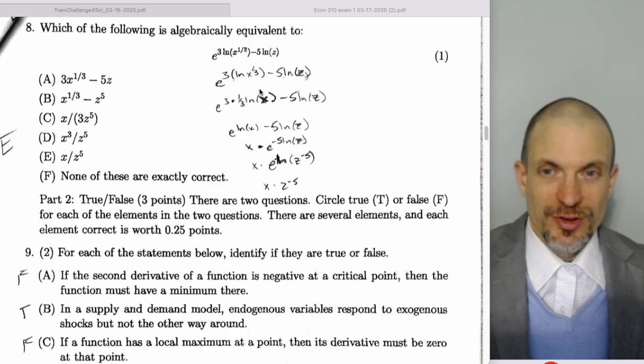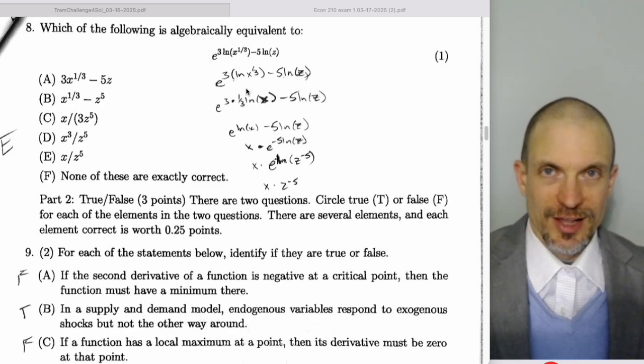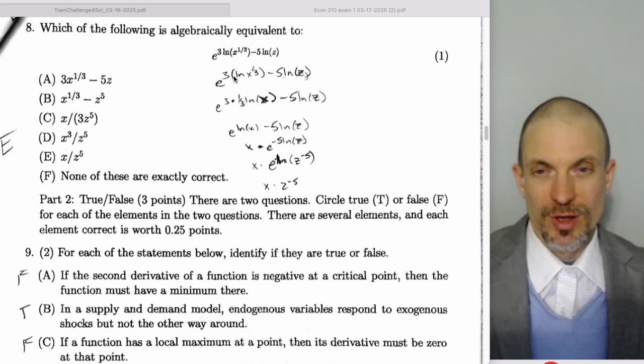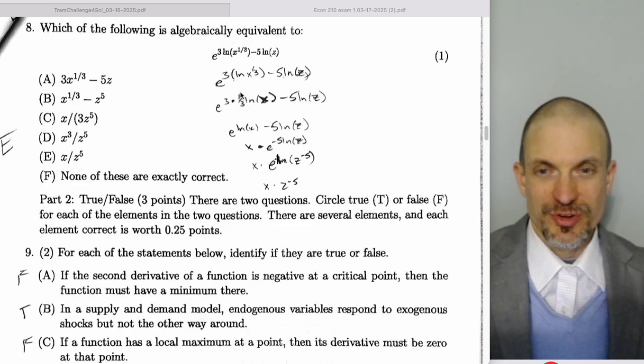All right, which of the following is algebraically equivalent to this expression? We've got to apply a lot of our log and exponential rules here. First thing I've done is I just rewrote it. Second thing I did is I said, okay, well, natural log of x to the 1/3, I can write that as 1/3 times the natural log of x, right? That's going to get multiplied by a 3, which is going to go away. So it's just going to be e to the natural log of x.